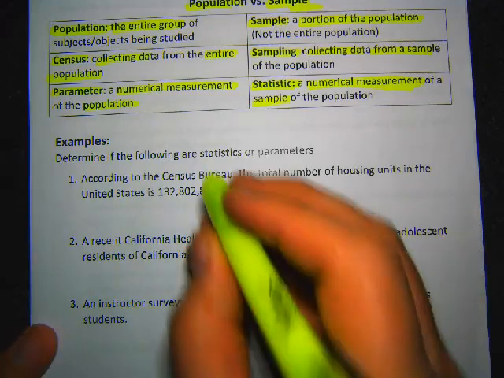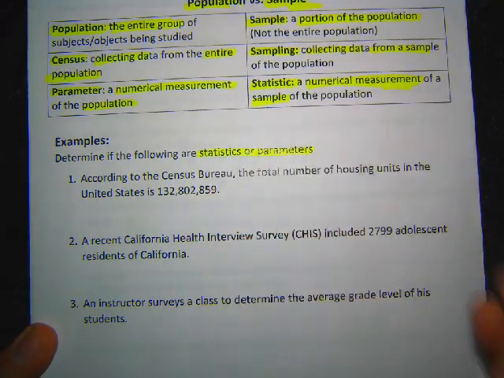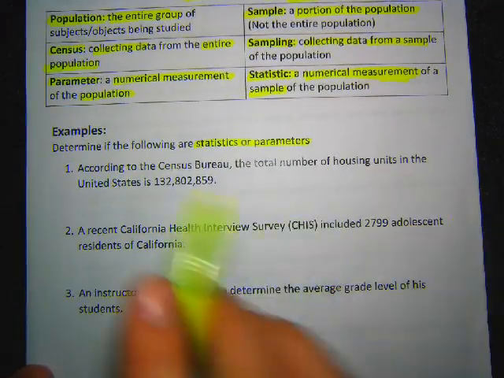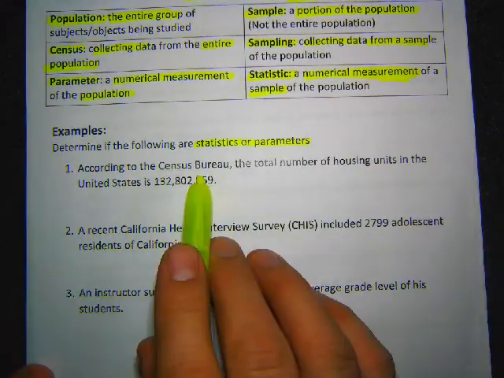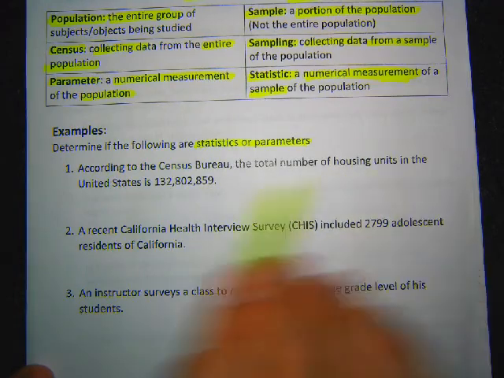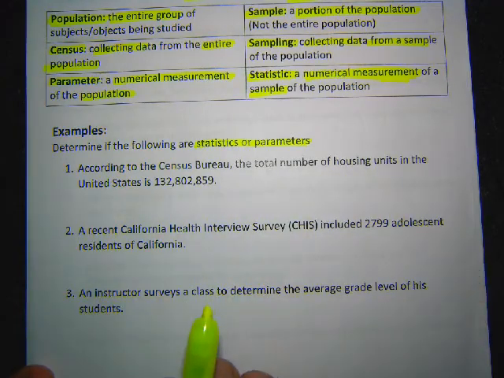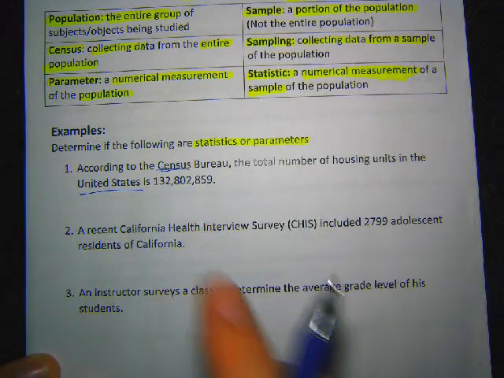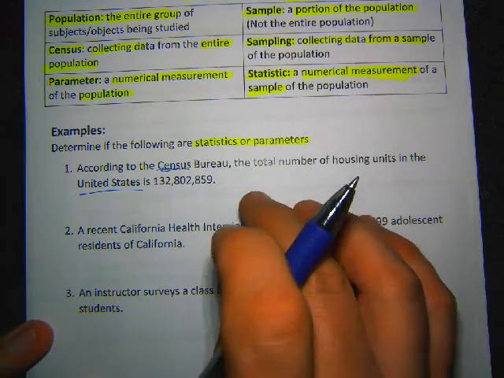So first off, you should be able to determine if something is a statistic or a parameter. Which one is it? For the first example, it says, according to the Census Bureau, the total number of housing units in the U.S. is 132,850,059. Because this is the Census Bureau and they're looking at the whole U.S., this would be a population value.